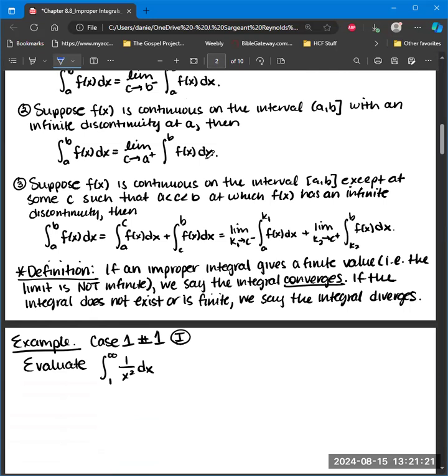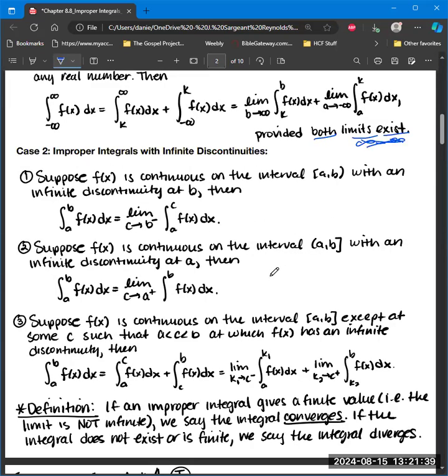Now let's go the other way, where it's open on the left-hand side and closed on the right. Suppose f of x is continuous on the interval open at a and closed at b with an infinite discontinuity at a. Let's just show you what these would look like. So this, for example, would look like this. Here's x equals b, and the function is approaching from the left, and we're interested in that area there.